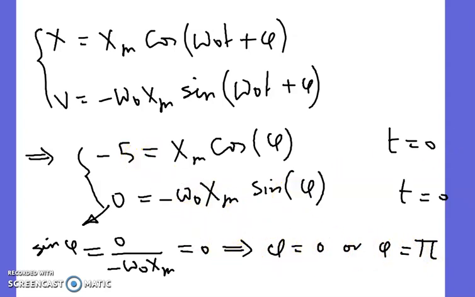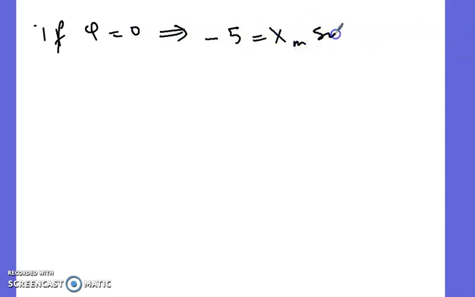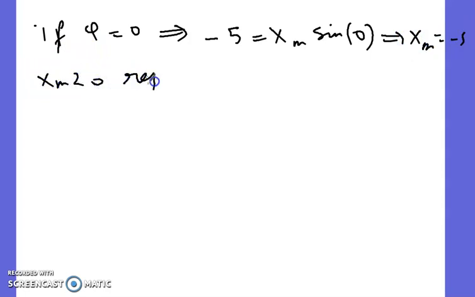If we choose phi equal to 0, then what do you get from this equation? Minus 5 equal xm cosine 0. Clear? You get xm negative. So xm negative is rejected, because the amplitude is always positive.